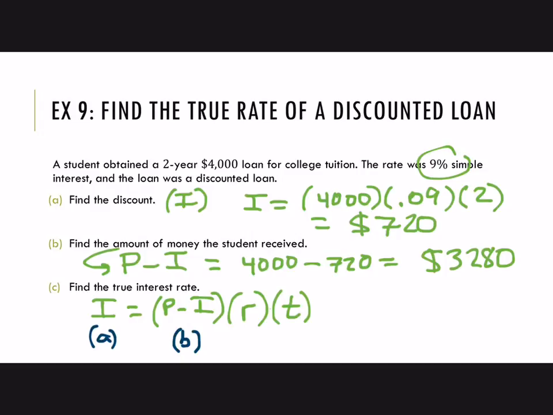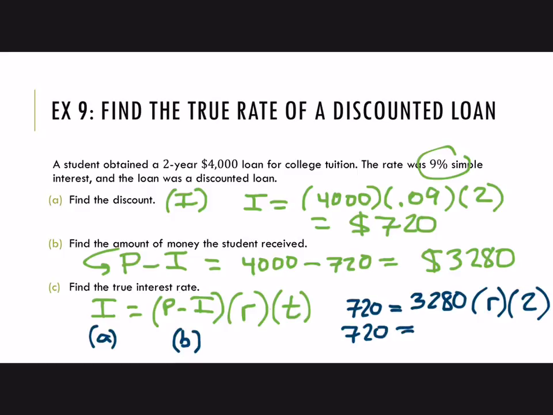So the interest, that's the discount we found in Part A. The amount of money the student received, that's in Part B. And then time is what was given to us in the original problem, and R is what we're solving for. So we have interest, 720, and what we're going to use for the principal is the amount they received, the $3,280, times rate, and then the time is still 2 years. So now let's multiply first to simplify a little bit.